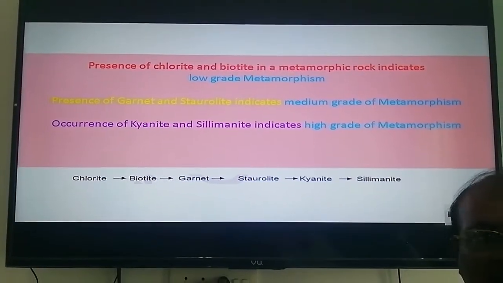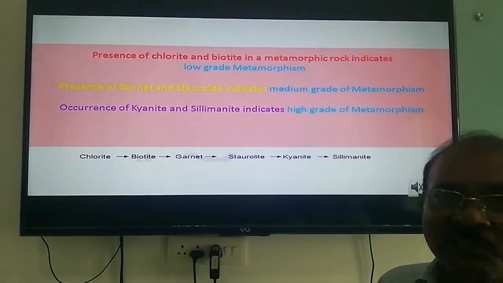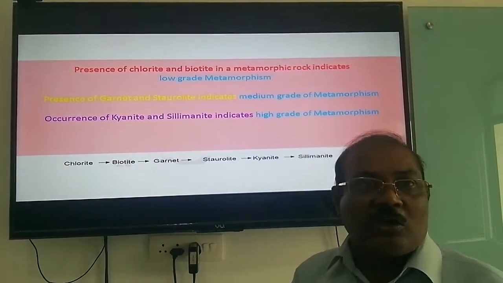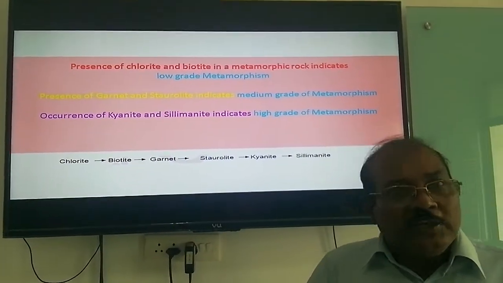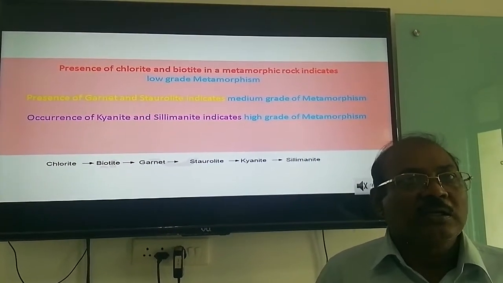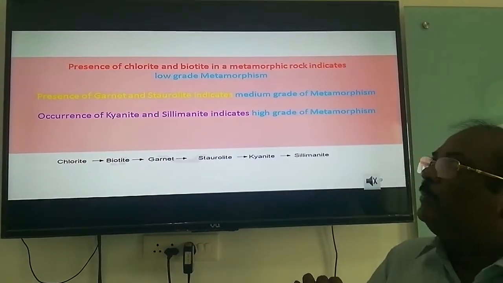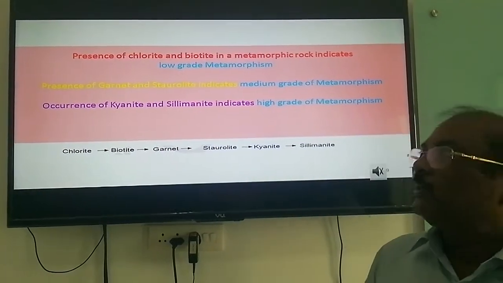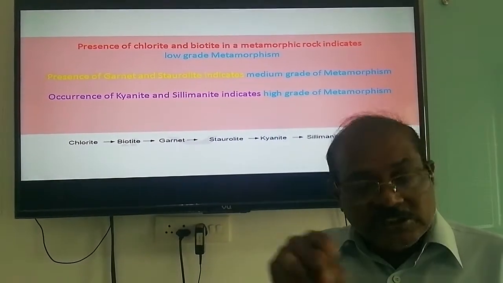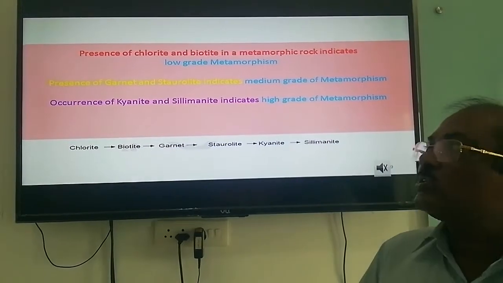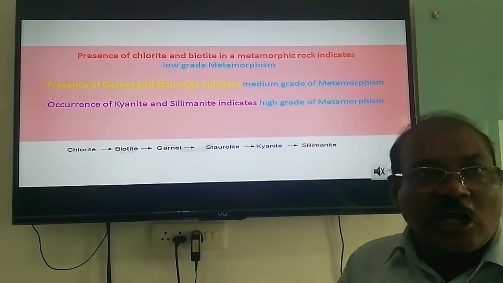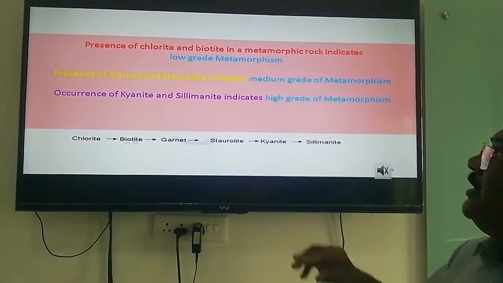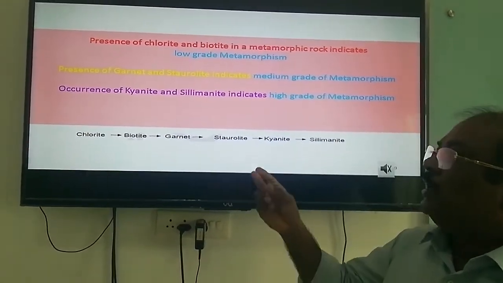It is very important to know the presence of chlorite and biotite in a metamorphic rock. In the field, if we identify a metamorphic rock in which the minerals are chlorite and biotite, it indicates that low grade metamorphism has taken place. If garnet and staurolite minerals are present in a metamorphic rock, that indicates medium grade metamorphism.